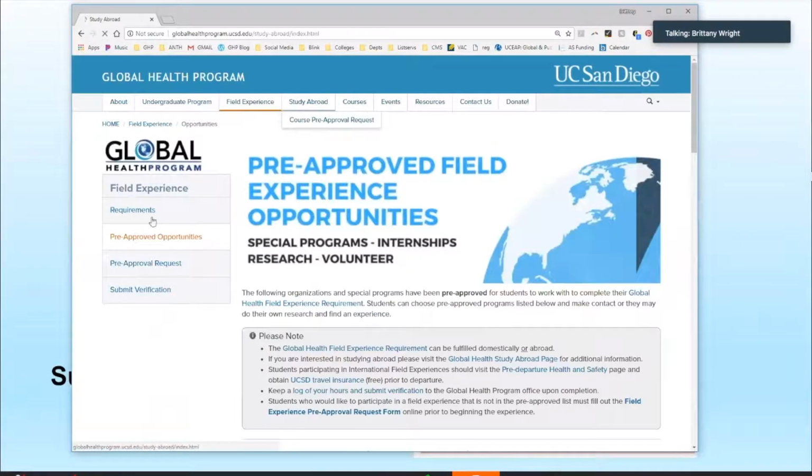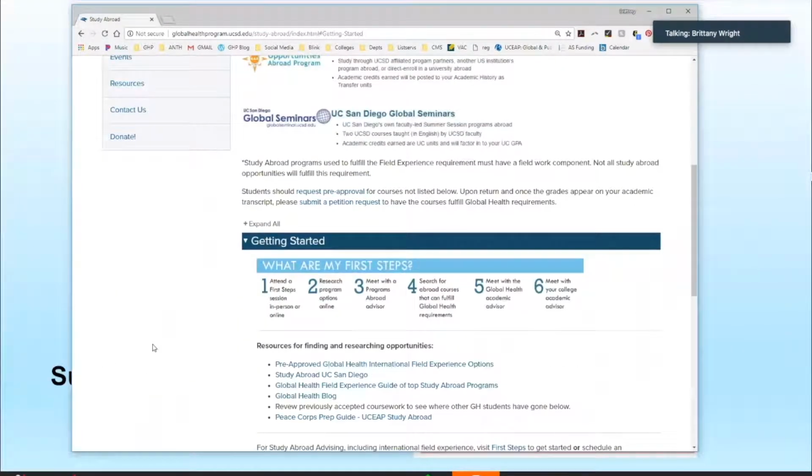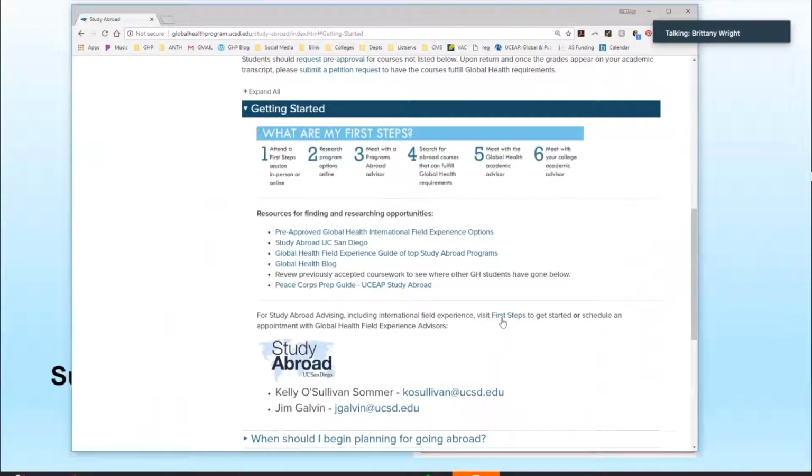But to get started researching study abroad programs, there's a first steps training that you need to complete, and then schedule an appointment with the Global Health study abroad advisors. So Kelly and Jim are two of the advisors you can meet with at the study abroad office. Once you've identified a program, you can bring it back to the Global Health advisors and we can talk about how this fits into your course planning.